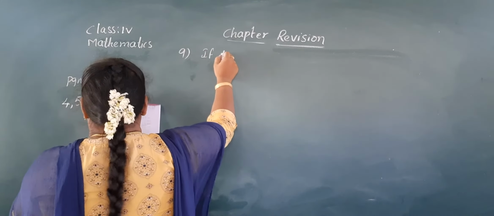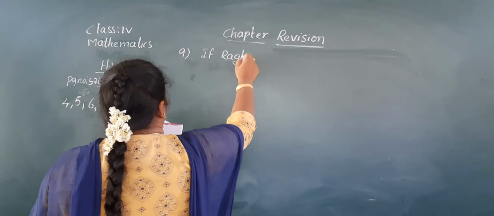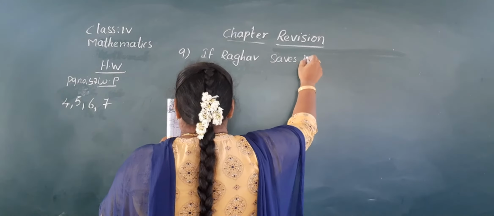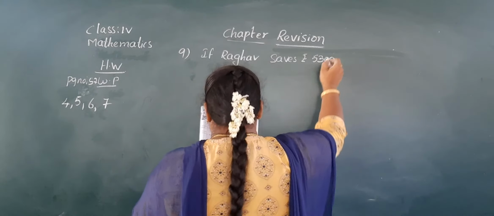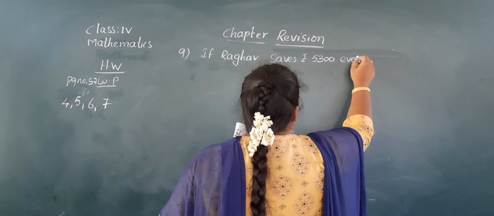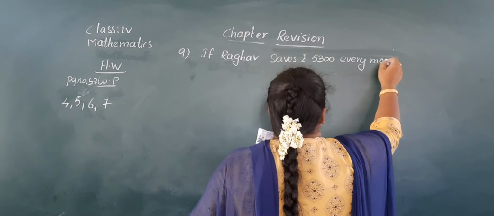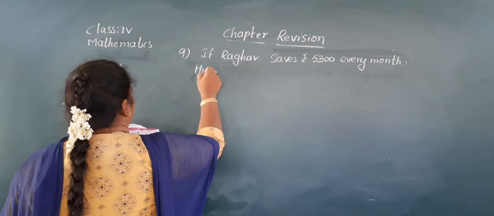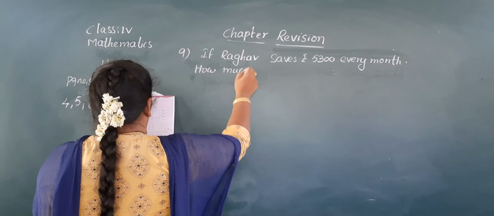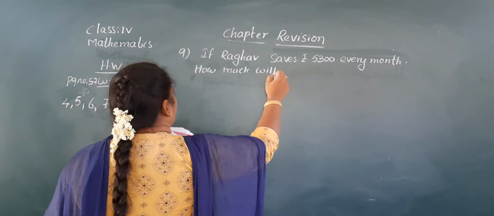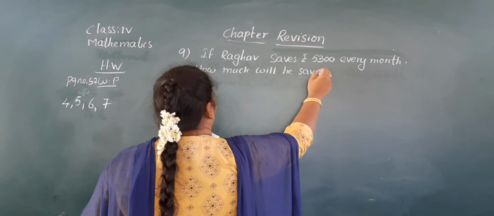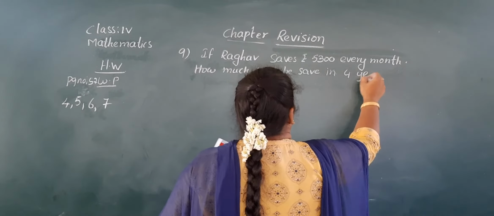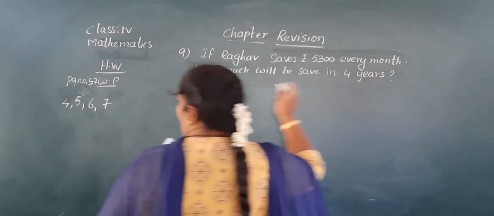If Raghav saves 5,300 rupees every month, how much will he save in 4 years?